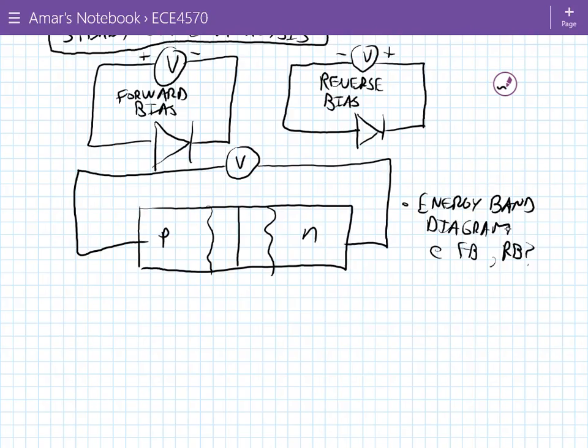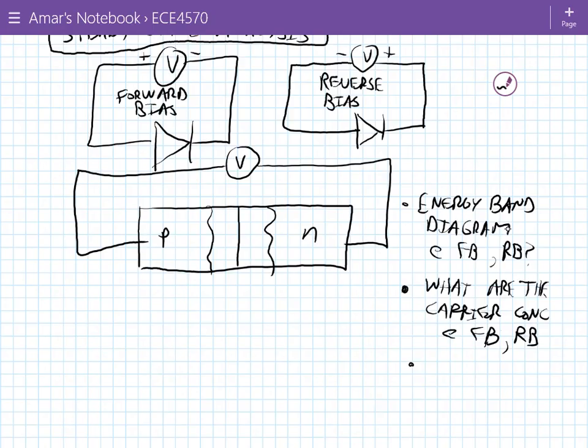The other thing we're going to ask is, what are the carrier concentrations at forward bias and reverse bias? And then finally, what are the currents?